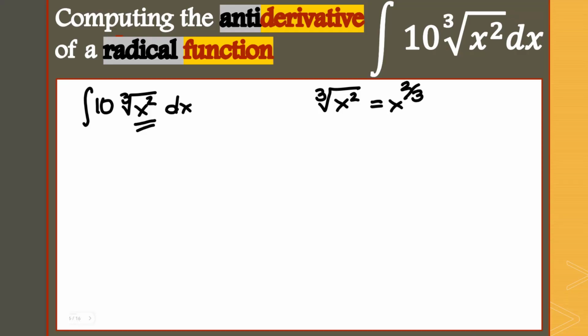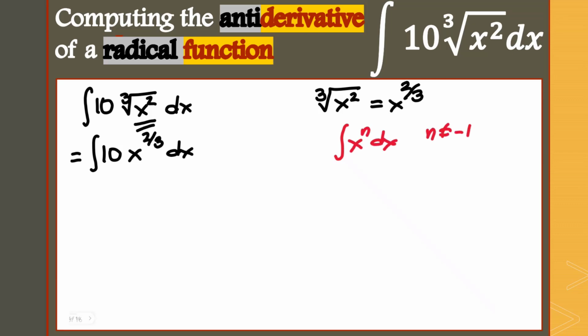So basically, this could be written as the integral of 10 x to the power of 2/3 dx. Looking at this, it fits the criteria for the power rule, because your n is not -1. It's a fraction, which is 2/3. Then this rule may be used: x to the n plus 1 over n plus 1, plus c.